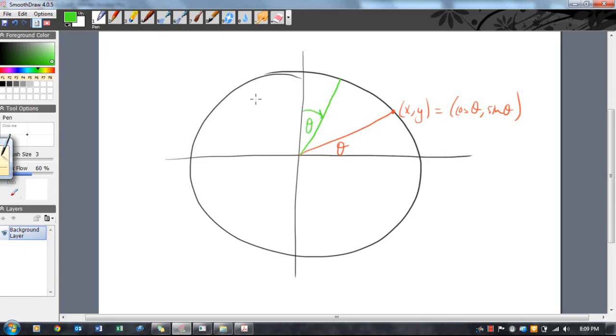Then the points you get will be exactly the same, but the other way around. Instead of x and y, you'll get y and x. They'll be flipped back to front.